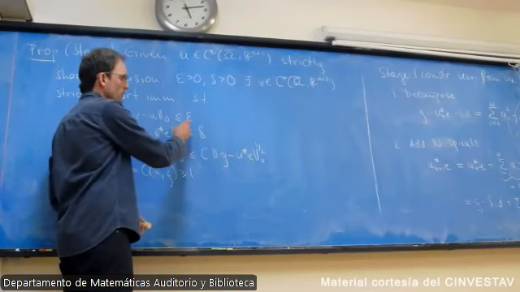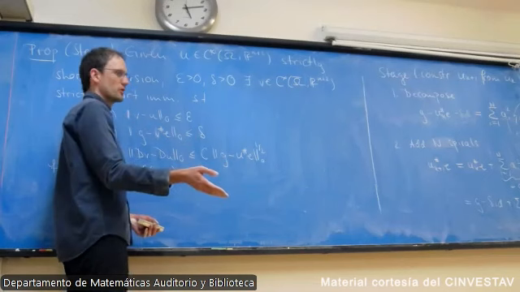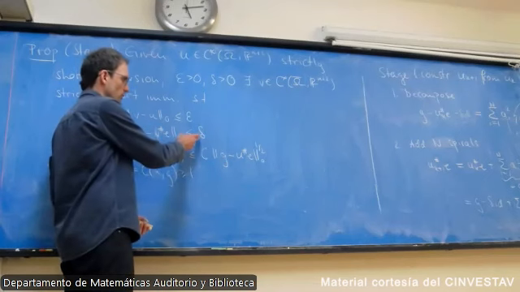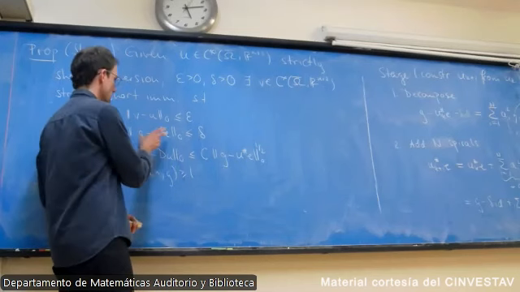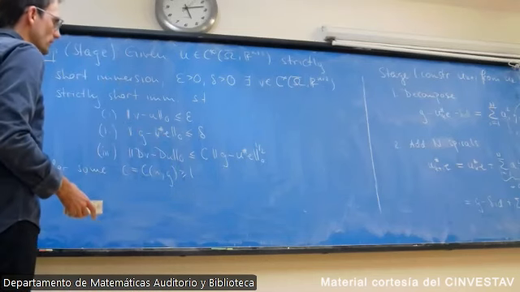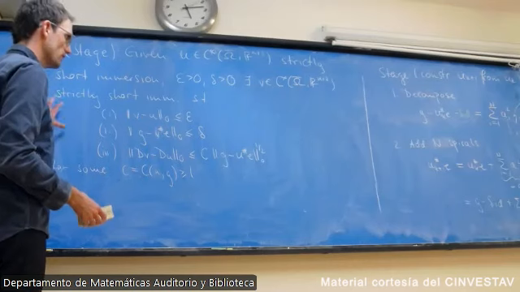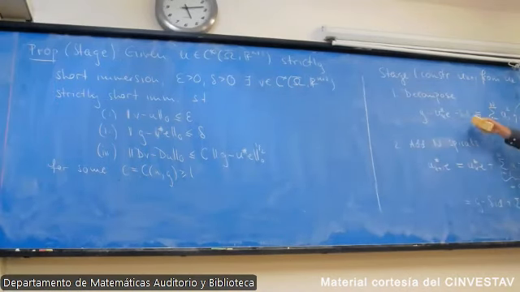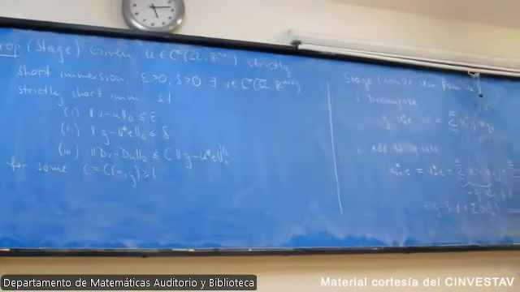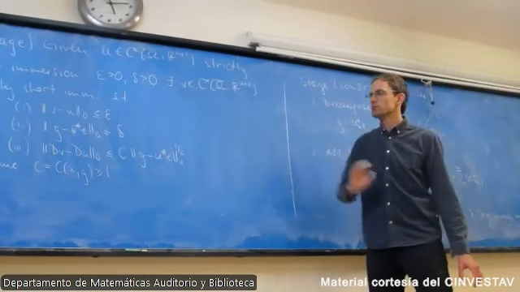If I choose epsilon and delta going to 0 geometrically, then this will be Cauchy in C1 and the distance to G will go to 0. So this is the main proposition we have to prove, and this is the strategy: decompose, add spirals, and make sure that these estimates hold.